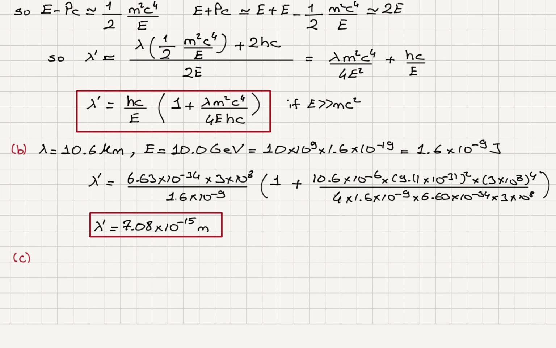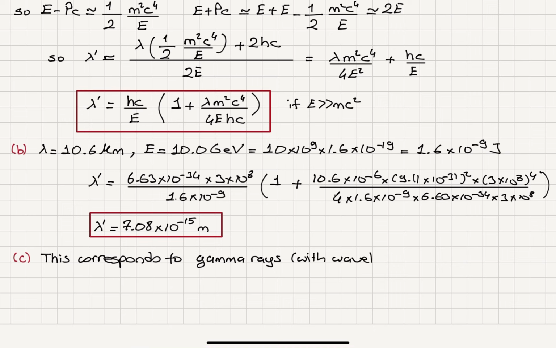So if we look at the electromagnetic spectrum, this corresponds to gamma rays, with wavelengths less than 10 to the minus 10 meters.